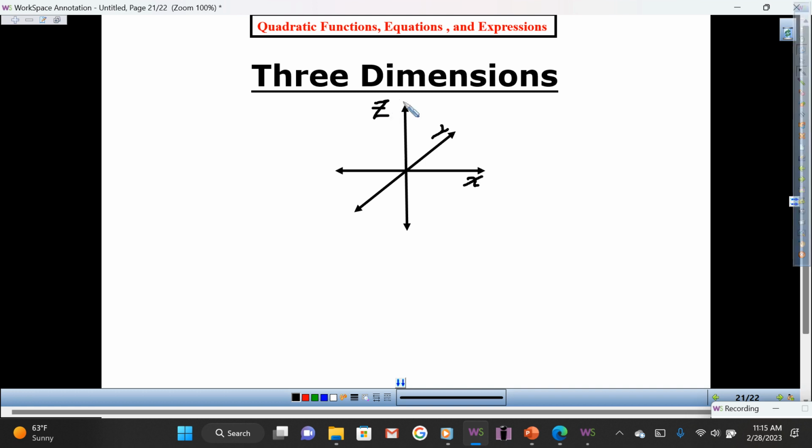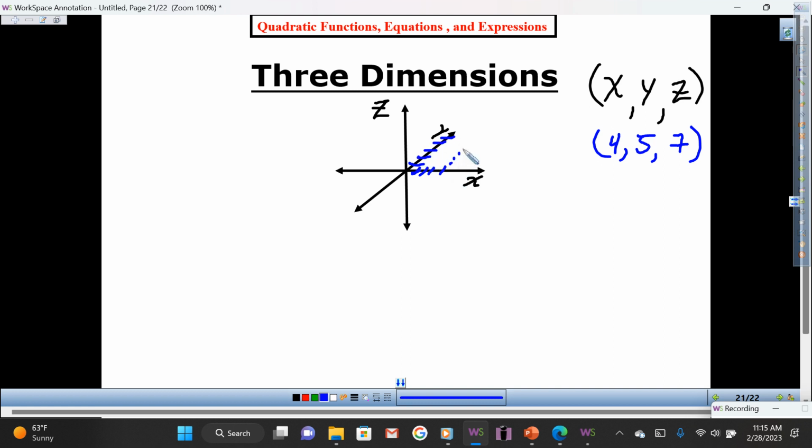Now, today, we're going to be solving for third dimensions, which means now our coordinates will be X, Y, and Z. So if I was to ask you to plot a point, pay attention, at 4 of X, 5 of Y, and 7 of Z, you would do this. 1, 2, 3, 4, and then 1, 2, 3, 4, 5.